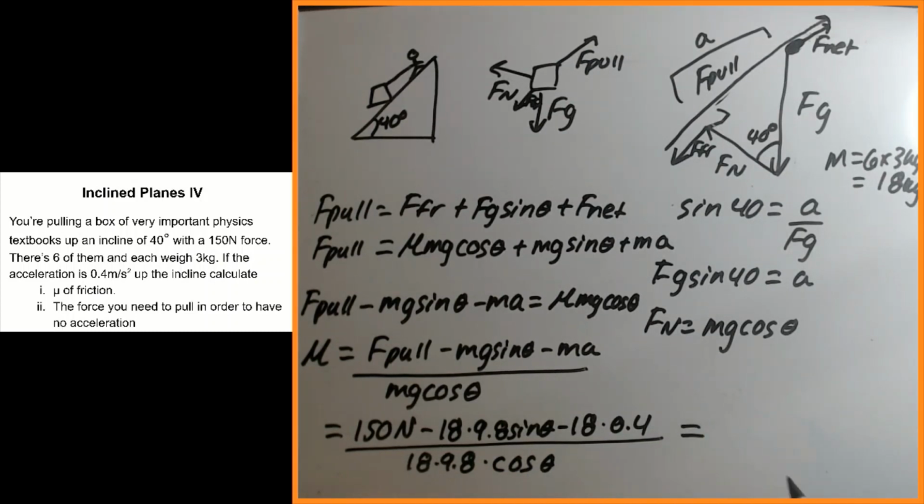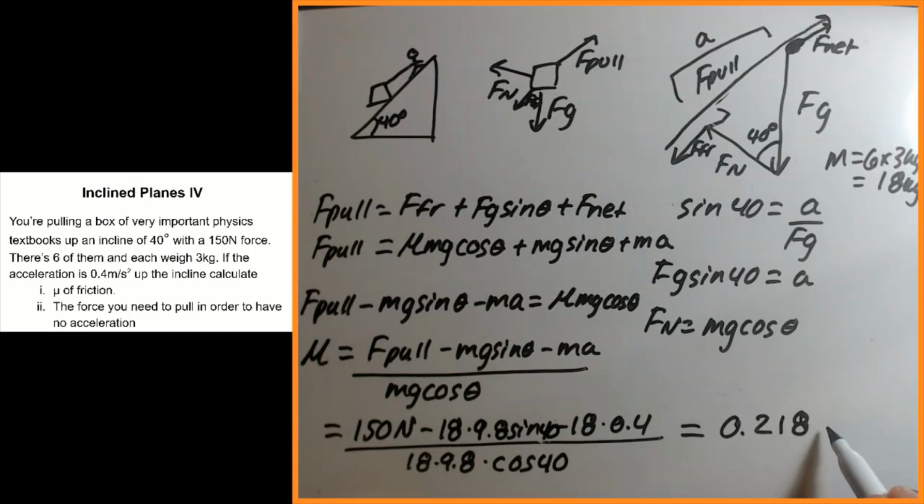And the value I get is, oh, I notice I didn't put the 40 in here, so I'll just put that. Okay, so the value I get is 0.2176. I'm just going to round it to 0.218 as being equal to mu.